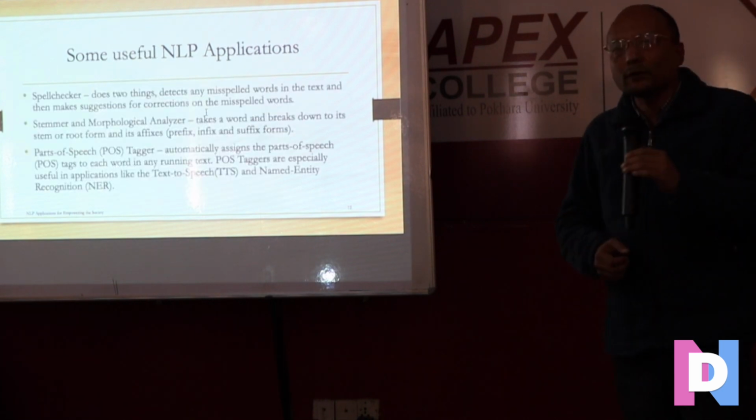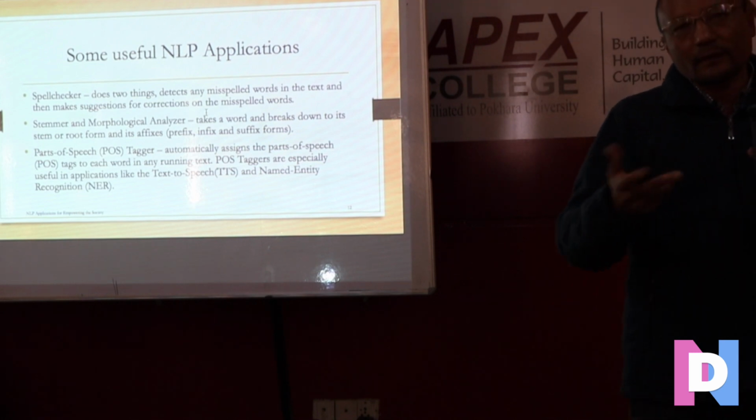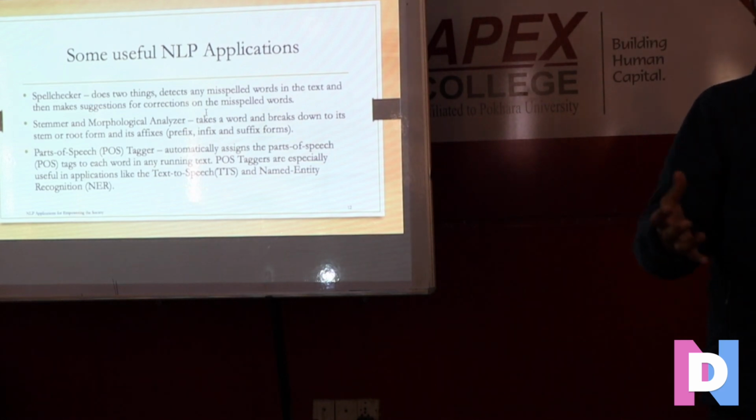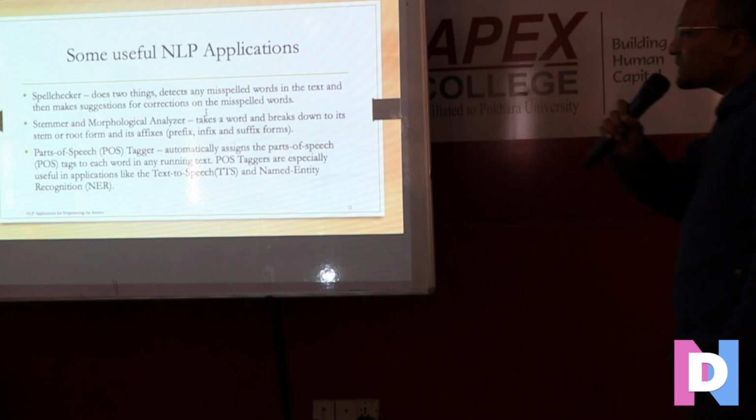Okay, now I'm going to give a brief overview of the different useful applications of NLP that could be useful to society and to any of us in general. So, spell checker, right?